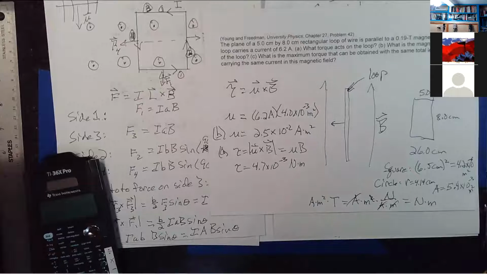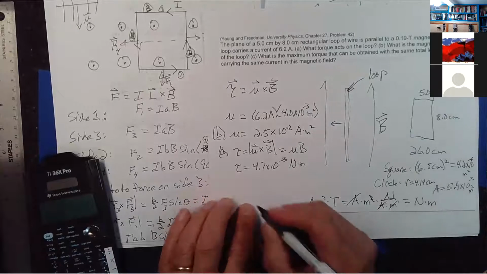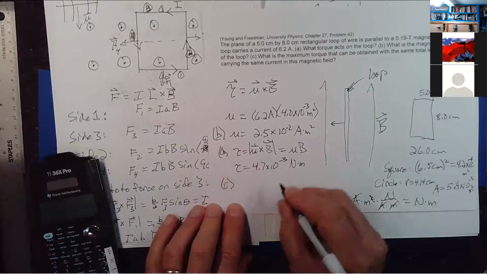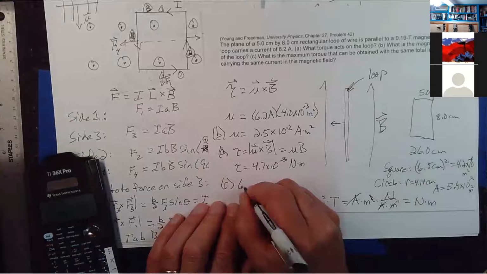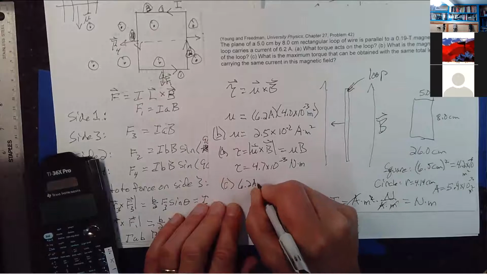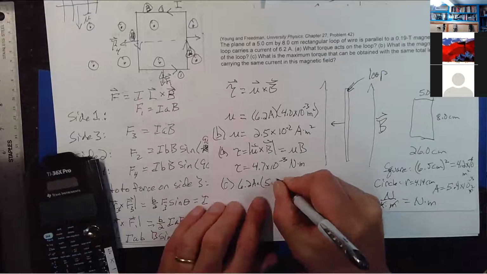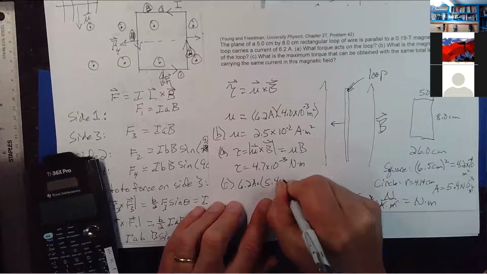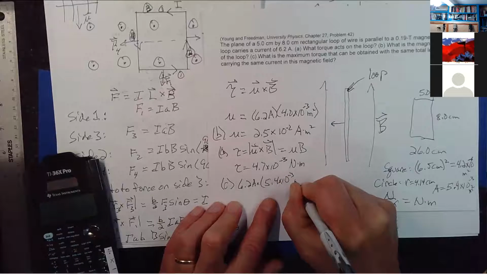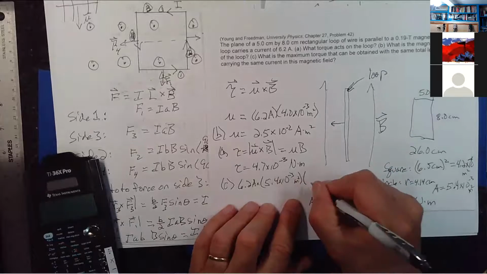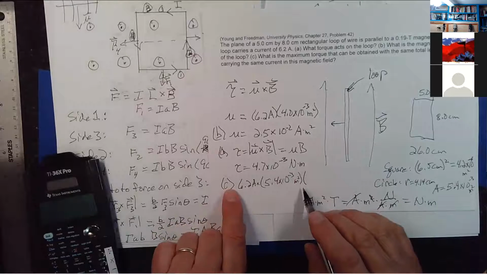And there's probably some way to show that with drawings, but at any rate, what we would get in that case for C is we'd have 6.2 amps times 5.4. That's if I didn't screw up the calculation. Times 10 to the minus 3 meters squared. I'm surprised it's that big a difference. And then, so that's mu.